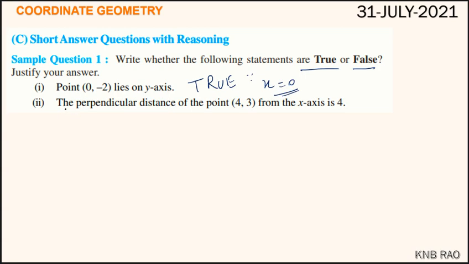Next, second one, the perpendicular distance of point (4, 3) from x-axis is 4 is false. Why? Because from x-axis ordinate is giving the perpendicular distance. Okay, so this is false. Here 4 units is false. It's supposed to be this ordinate. Okay, so this is the discussion about objective type questions from this chapter.